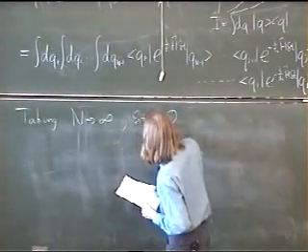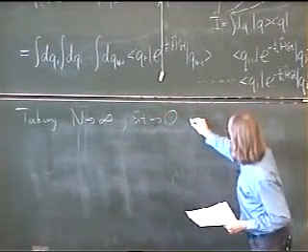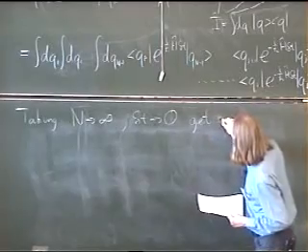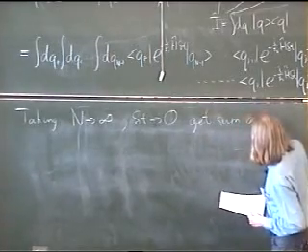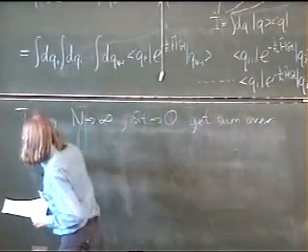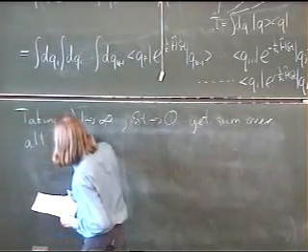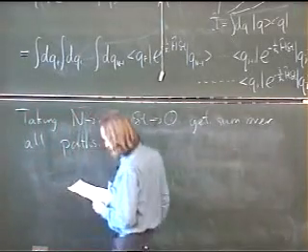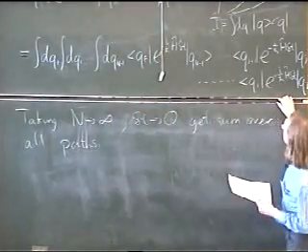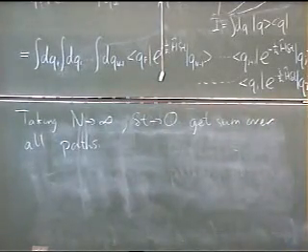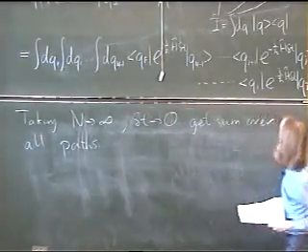So you're going to think as n goes to infinity or delta t goes to 0, you get a sum over all paths. Okay, so let's see. I'm hoping we can finish this off. 15 minutes should be okay.